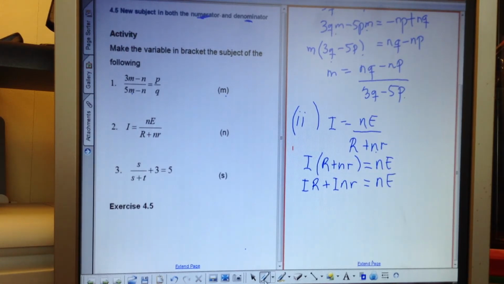We want to make n the subject, so we group the terms with the n's. So we're going to have Inr minus ne will be equal to minus Ir.